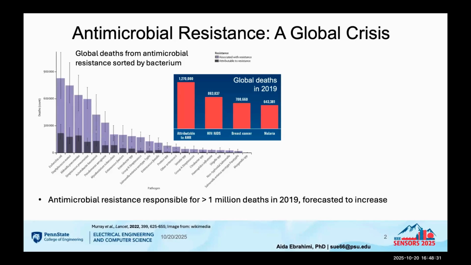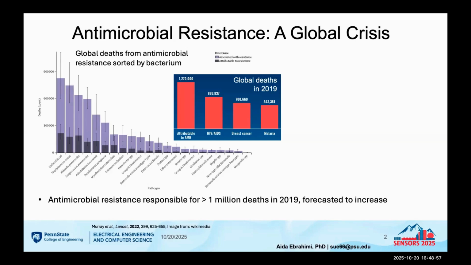A lot of you perhaps have heard about antimicrobial resistance, or AMR, which is one of the major health issues of our century. It's a natural behavior of bacterial cells that they acquire resistance against antibiotics. Throughout the years, the number of deaths caused by AMR has been increasing.